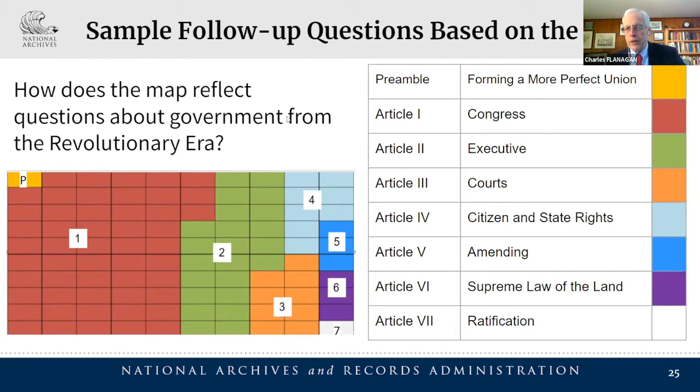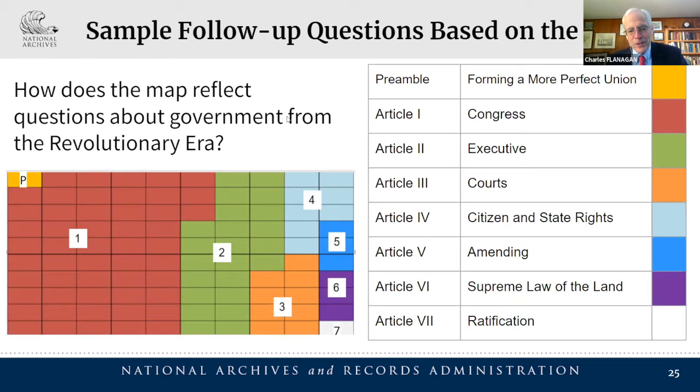Does anybody have a theory about what they might have felt about executive power in the 1780s? I asked you an essay question, and I'm not going to give you time to answer an essay question. But if anybody has a haiku that answers that, you'd have time to put that in the chat box. But you get the idea that you could get kids to think about it.